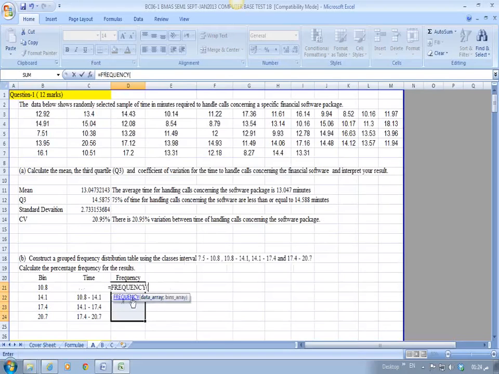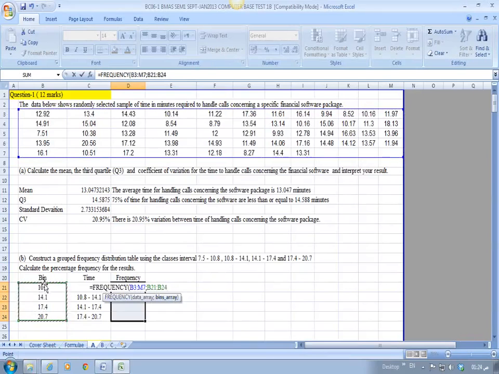Double click it. In the frequency function, the required array means your data, then a semicolon or comma, according to your computer, then the bin. So here we highlight the data, then according to my computer I'm using a semicolon, then after that the bin, also highlight all the bins from 10.8 to 20.7, and then on the keyboard hold down Control and Shift with one hand and press Enter with the other hand.